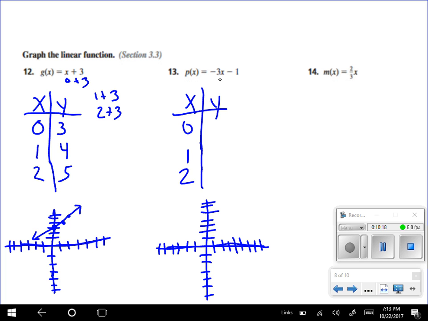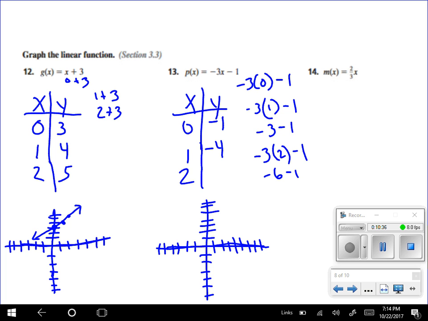Plug this in. We have -3 times 0 minus 1 would give us -1. -3 times 1 minus 1 would give us -4. And -3 times 2 minus 1 would give us -7. So 0, -1. We're going to have to see if we can get this in here. 1, -4. 1, 2, 3, 4.